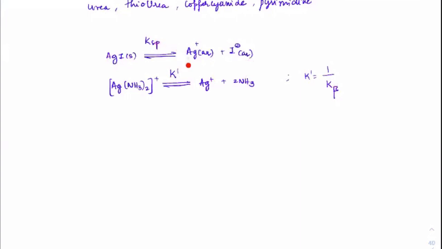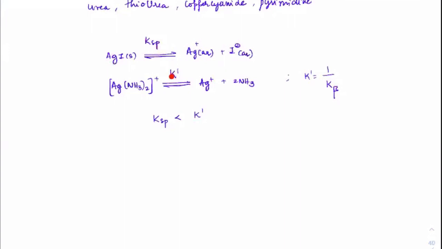You will compare this KSP and K dash value. If the KSP value is very low compared to that of K dash, then AgI reacting with ammonia to form this complex would be very little.